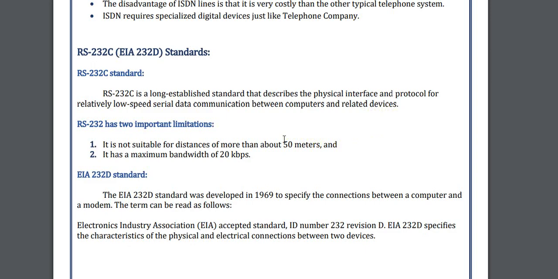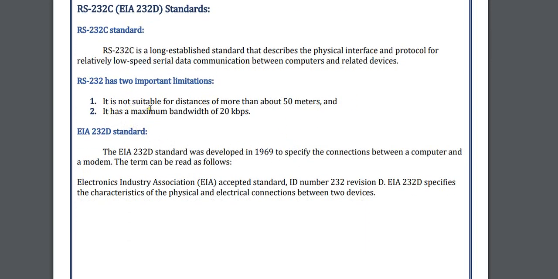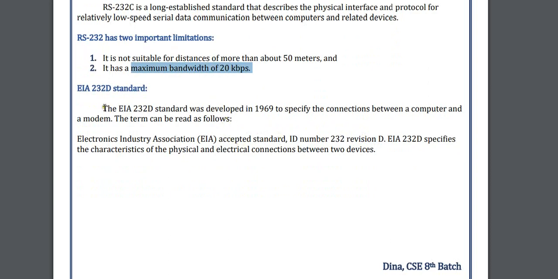It has some important limitations: it is not suitable for distances of more than 50 meters, and it has a maximum bandwidth of 20 kbps. Here is a short note on the EIA 232D standard. You can go through it. EIA stands for Electronic Industries Association, which accepted the standard whose ID number is 232.